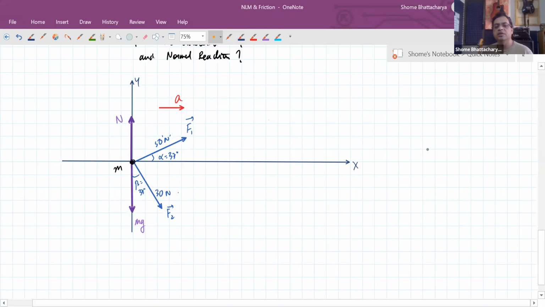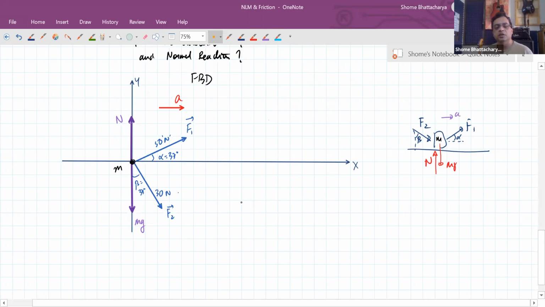So roughly, as forces acting on it, there is F1, there is F2 that we were applying. This angle was alpha, this angle was beta. But also mg, and the ground is applying a normal contact force. And under the action of all this, it's accelerating like this. So this is now converted into a proper free body diagram like this. This is the free body diagram.